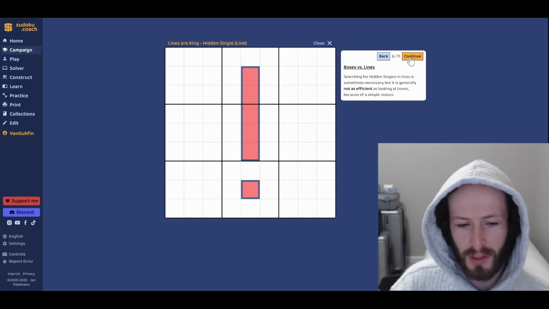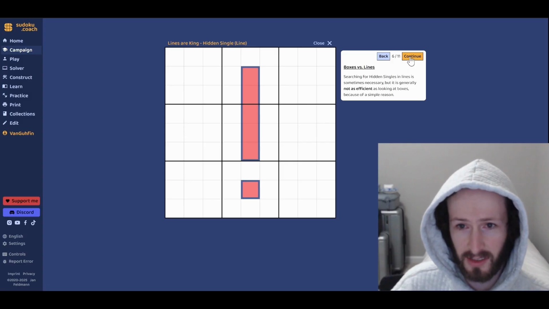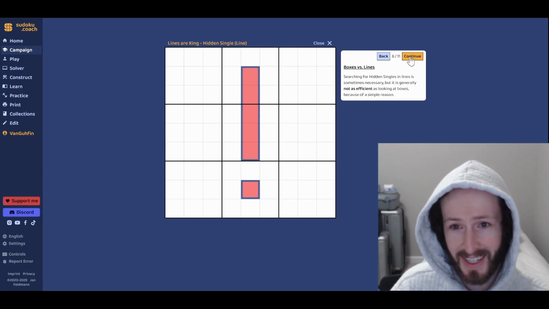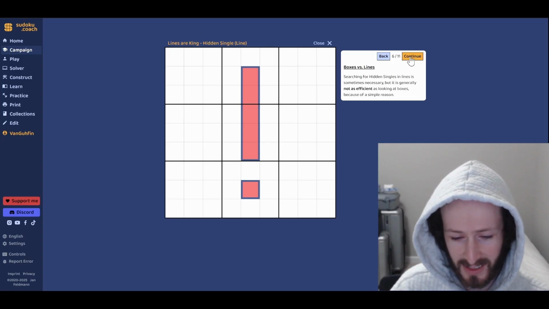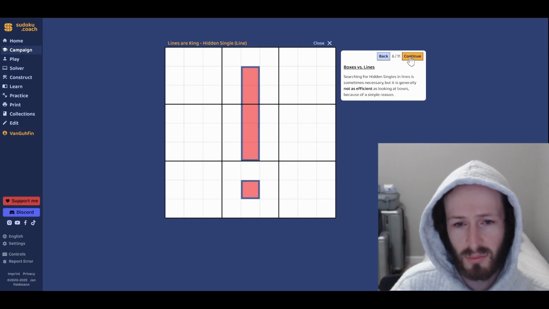Now, the thing to remember is that searching for hidden singles in lines is sometimes necessary. There's no question about it. But generally, it is not as efficient as looking at boxes because of one reason.